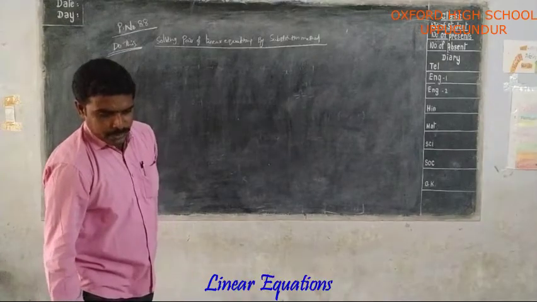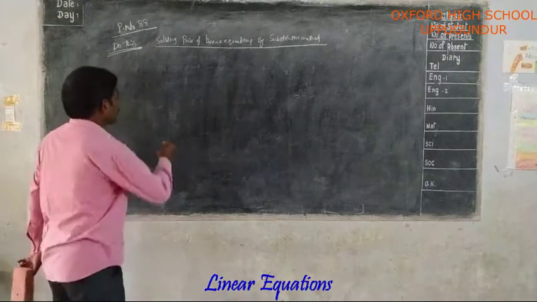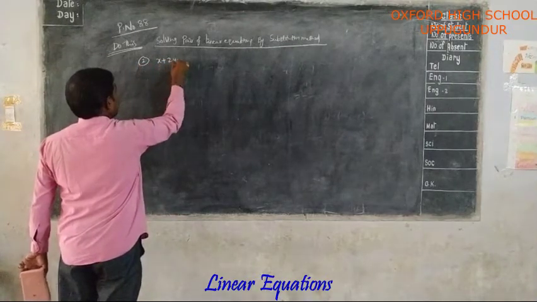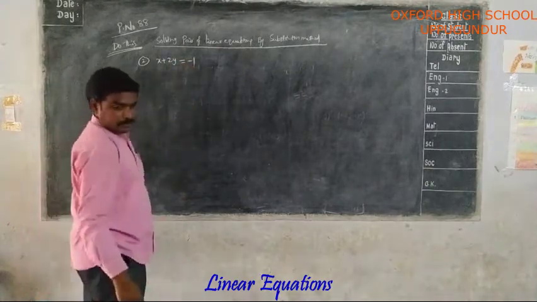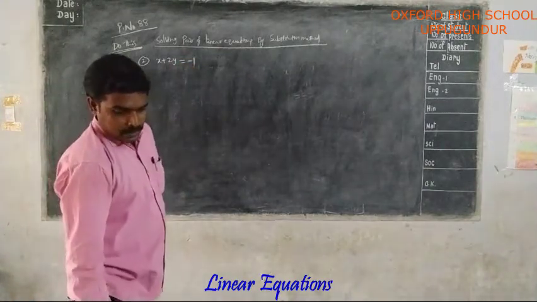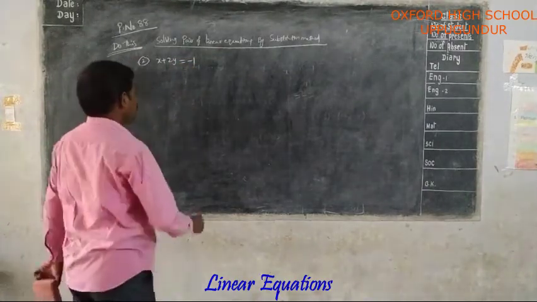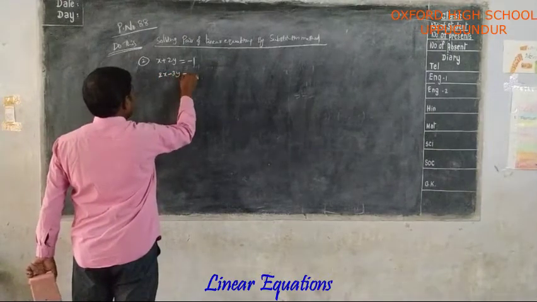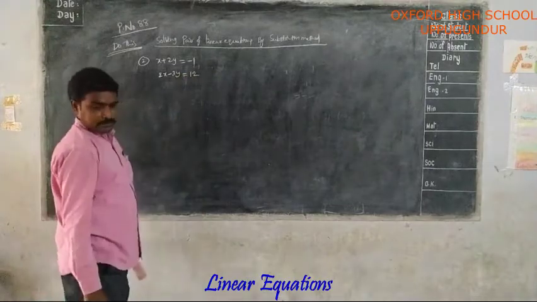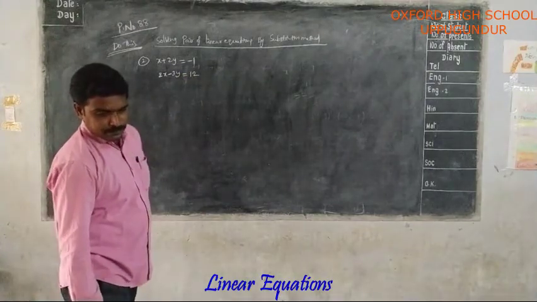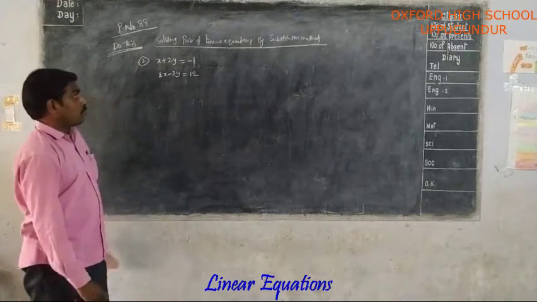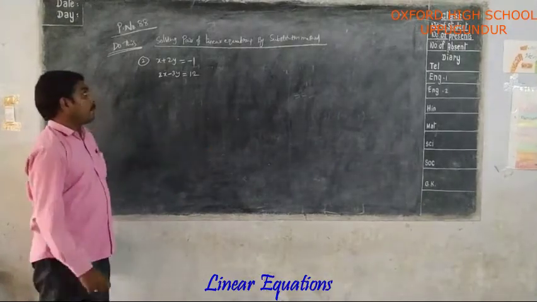x plus 2y equal to minus 1. 2x minus 3y equal to 12. This one also we have to do using the substitution method.